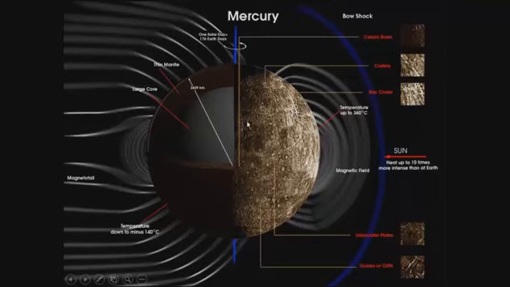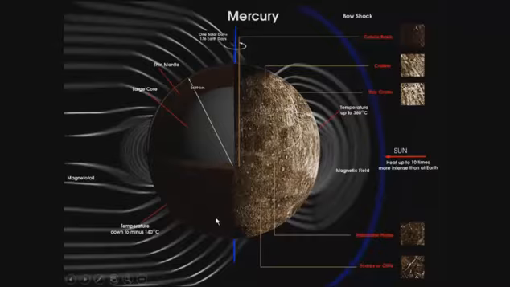You can see it has a very large core compared to its mantle. If you look at the Earth, the mantle is actually quite thick, but the core, in terms of Mercury, constitutes most of the planet. And here it is in the center. The core is also a very intense iron.